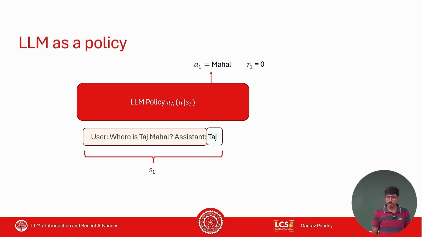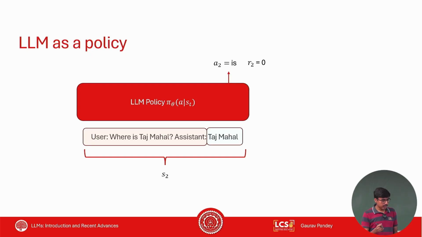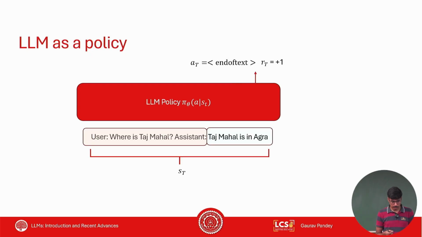Again, you did not get any reward because end of text has not been received. In the next step, the third token is generated and there is no reward. And let's say after all the tokens have been generated, there was an end of text and you get a reward. So this is how the LLM policy generates actions step by step and gets a reward.